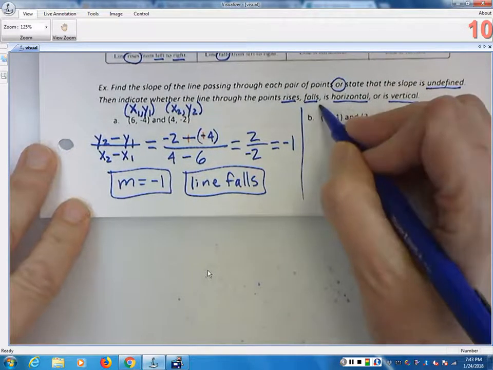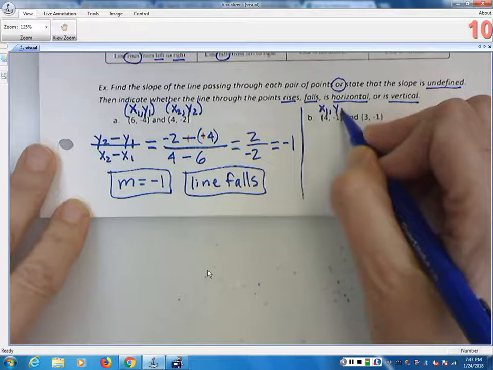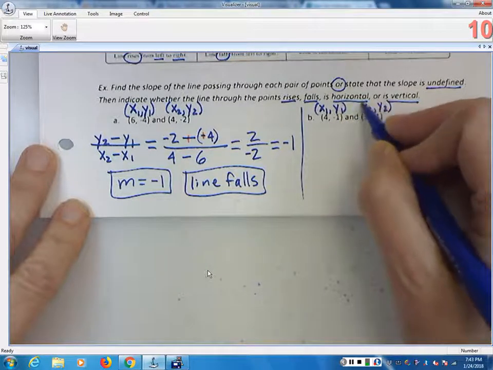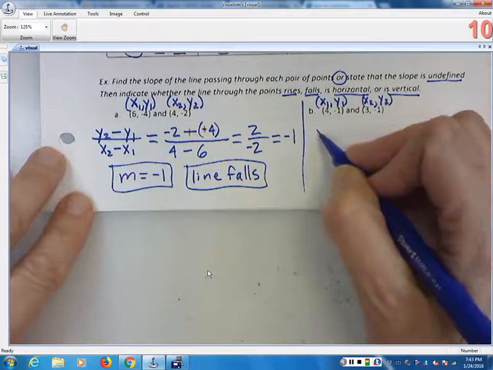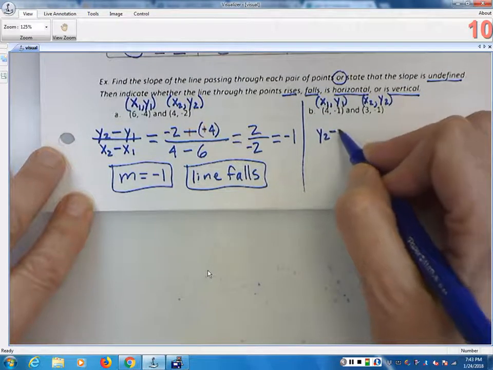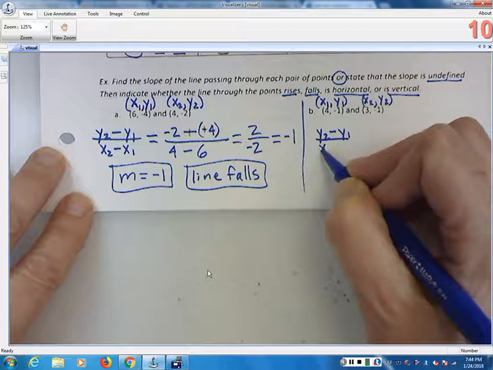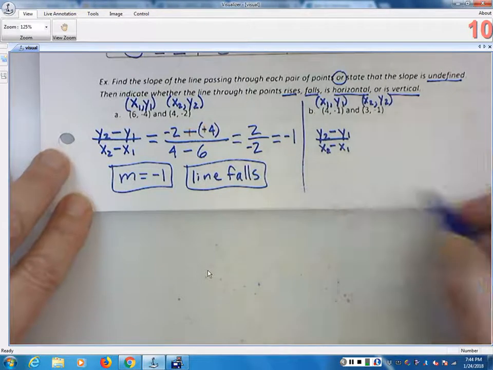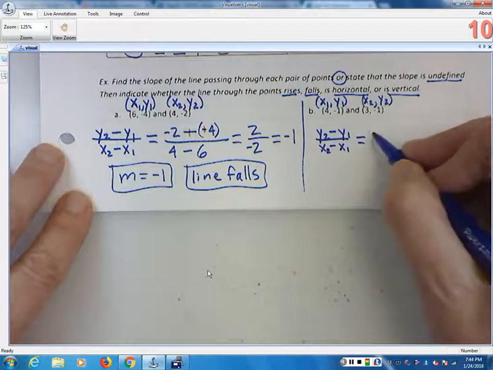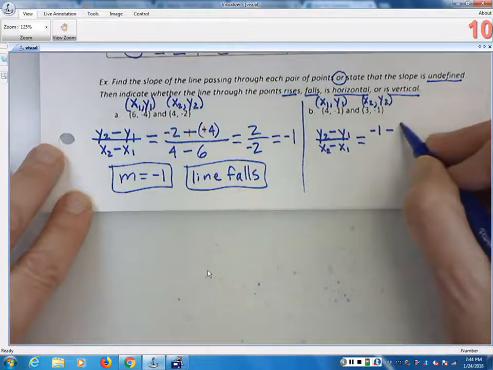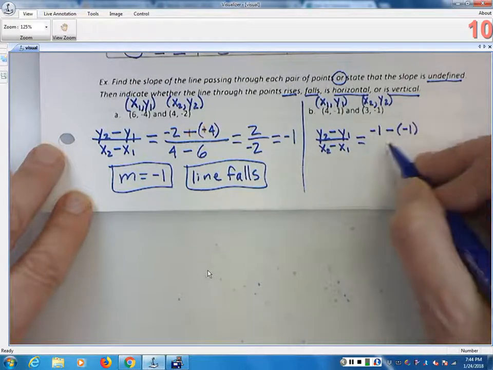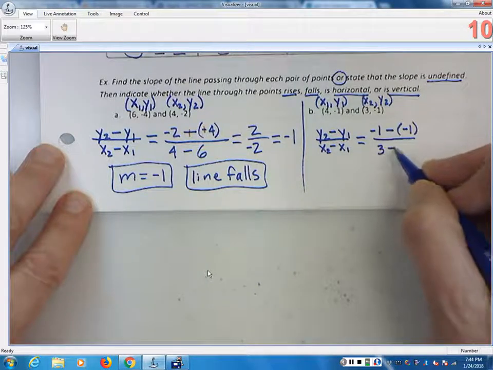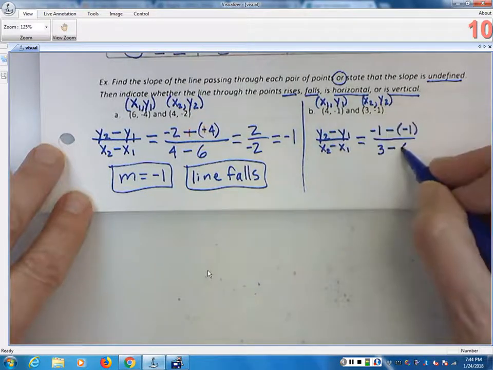So label your points again. Write down the formula carefully. I've seen people just don't write it down carefully, and forget that there's a minus sign there between the x's and the y's. Y2 is negative 1 minus y1 is negative 1. X2 is 3 minus 4.